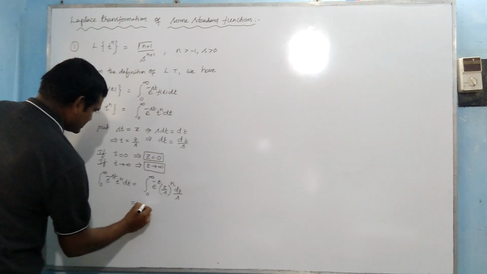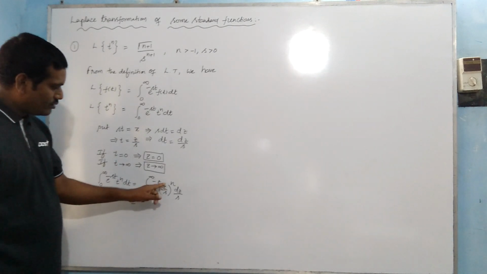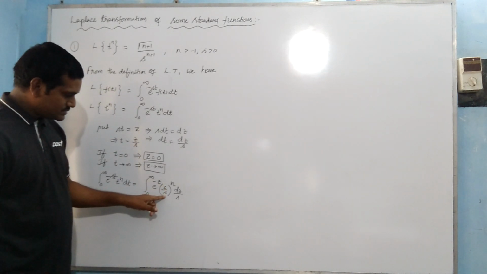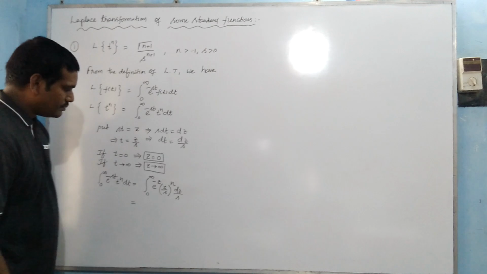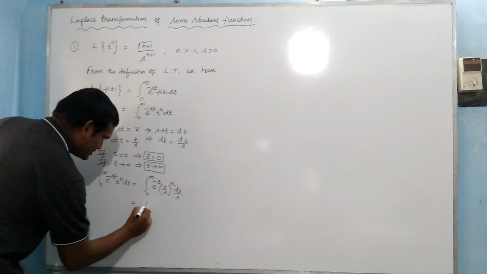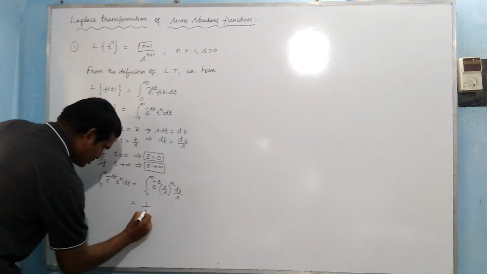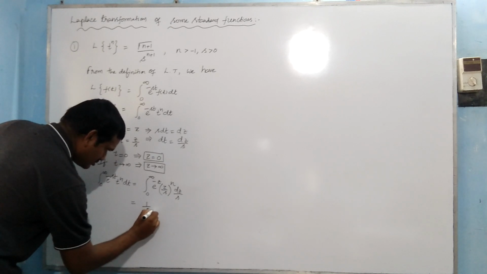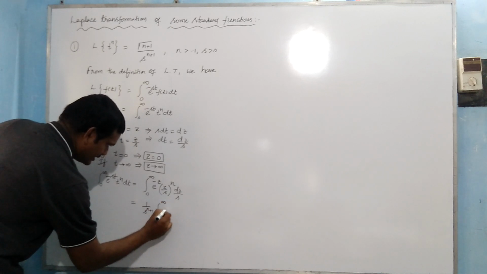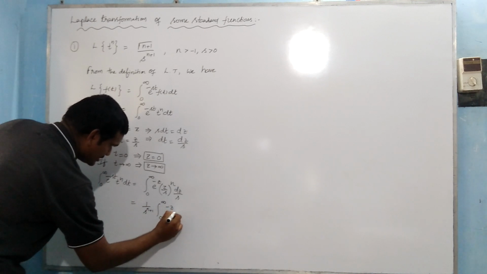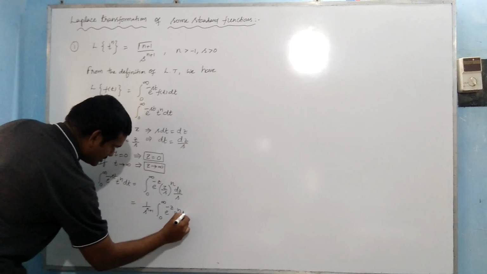Now simplifying this integrand, z power n by s to the power of n, so s power n into s gives 1 by s to the power of n plus 1. Taking this term out, integral 0 to infinity e power minus z, z power n dz.